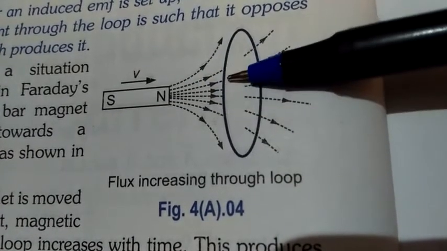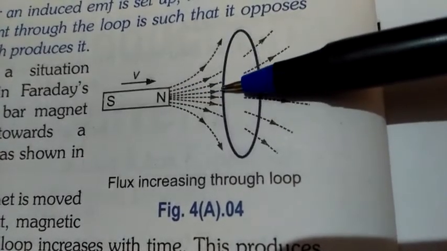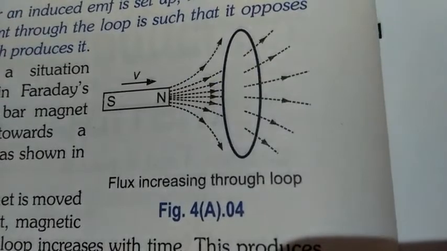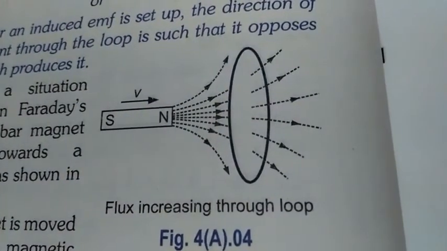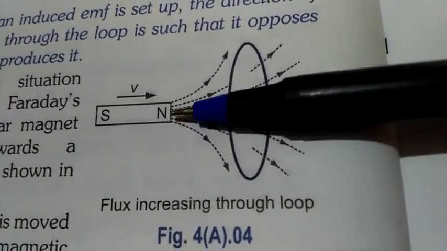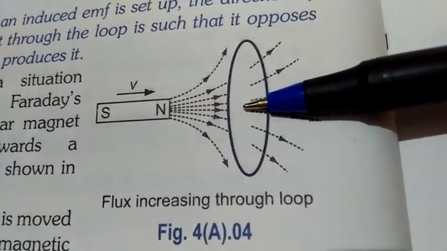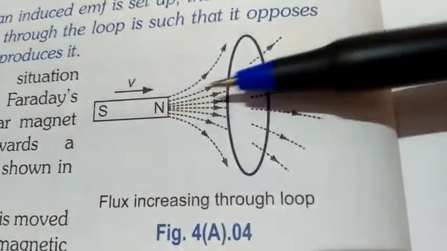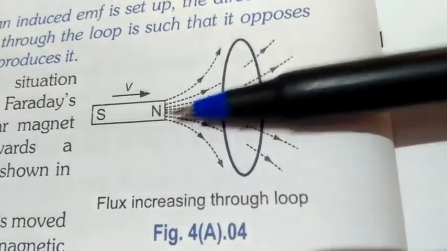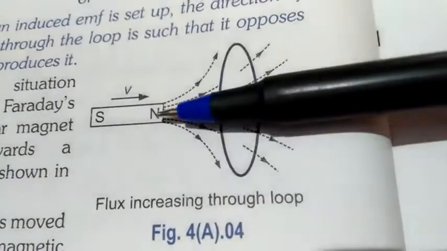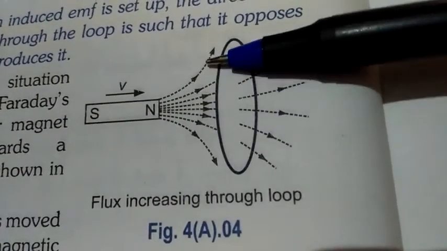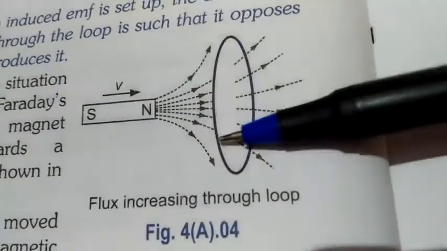Why will this side become N pole? Because when N and N poles are there, repulsion will be there, that means opposition will be there, and Lenz was only talking about this opposition. So when the bar magnet is moving towards the loop, the loop also creates one N pole at the side of the bar magnet and starts repelling it, trying that it will not move further, so that the change in flux will stop and the induced current will also stop.